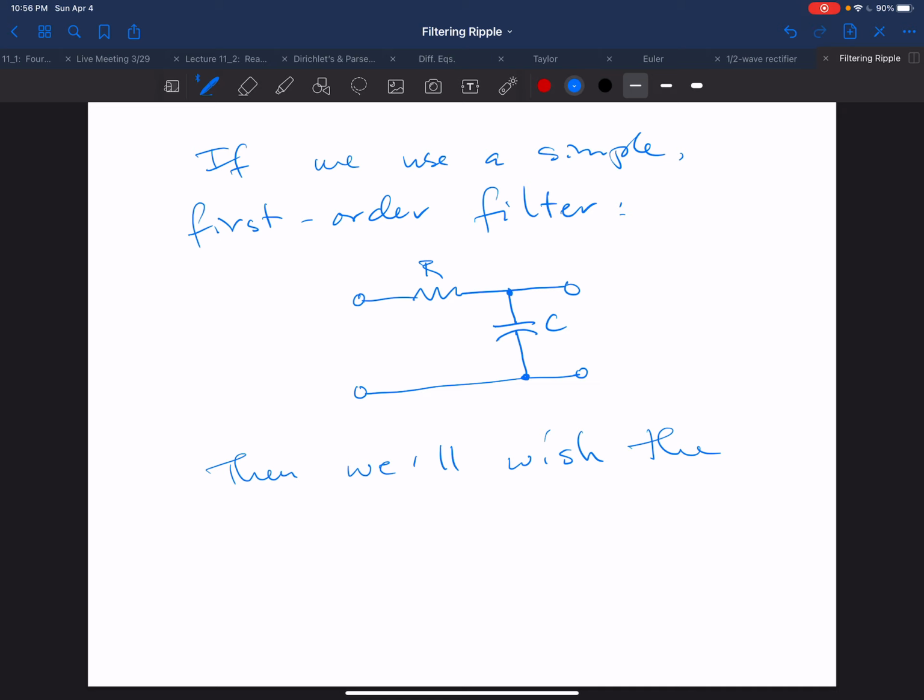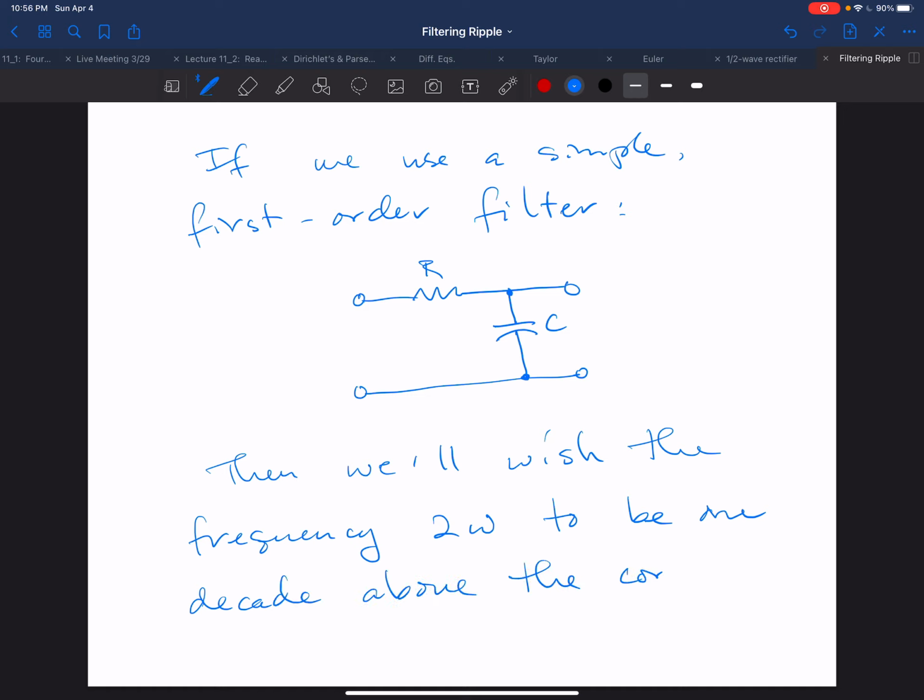So in order to get our 20 decibels of attenuation, we want the frequency 2 omega to be 1 decade above the corner frequency of the filter. And the corner frequency for a first order system is the reciprocal of the time constant.